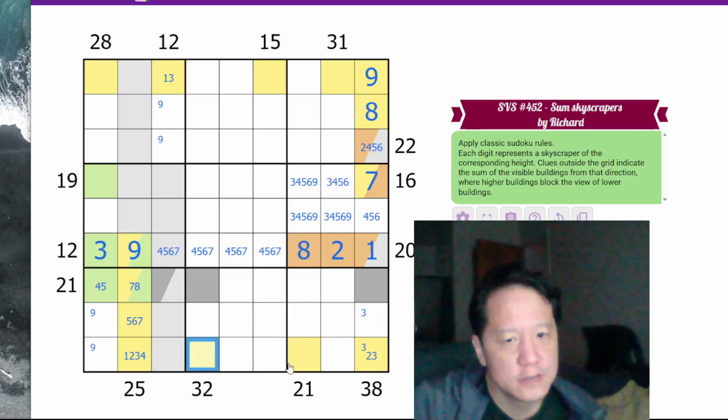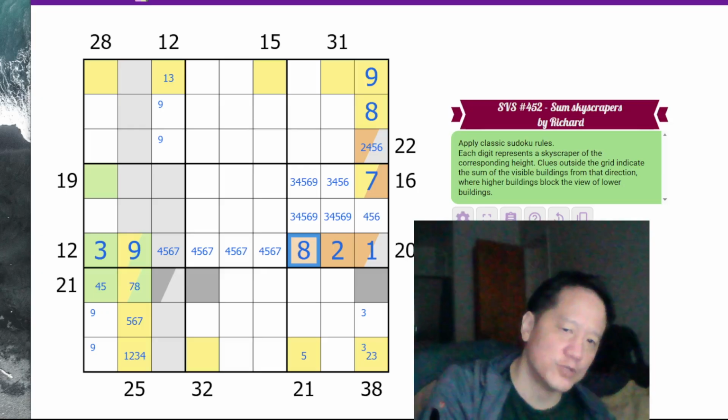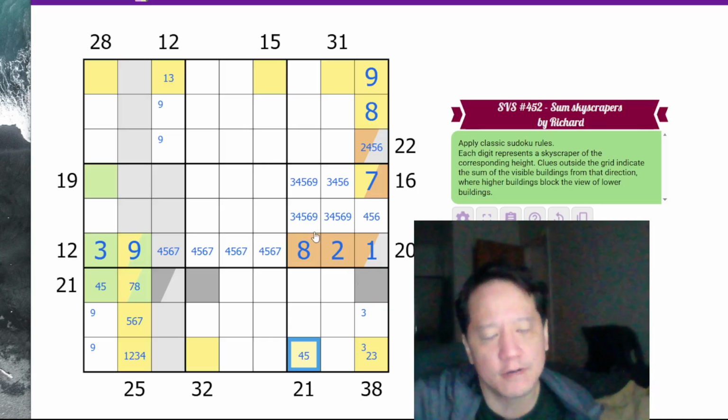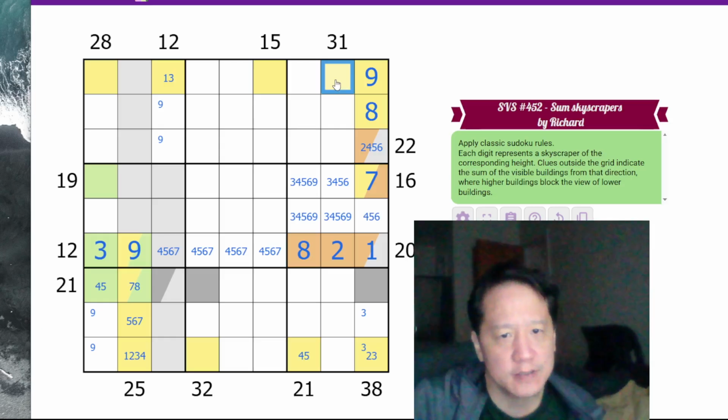Okay, 21. So it either doesn't see this 8, which makes it 5, 7, 9, or it does see this 8, which makes that 4, 8, and 9, because it cannot be 1, 3, 8, and 9. So this is 4, 5 here. This cannot be 6 again.